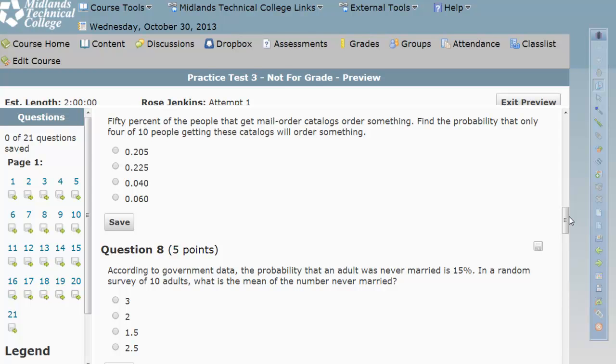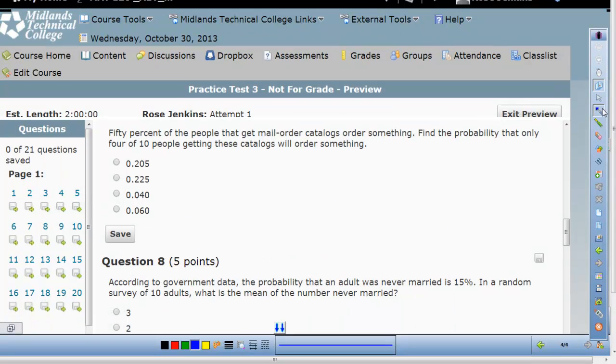Do we have a fixed number of trials? Yes, we're looking at 10 people. Right. Probability of success. Is it the same from trial to trial? Yes. Okay. And the trials are independent if these people are randomly selected. So this meets the requirements of the binomial. Again, we are interested in exactly 4 getting something from the catalog.